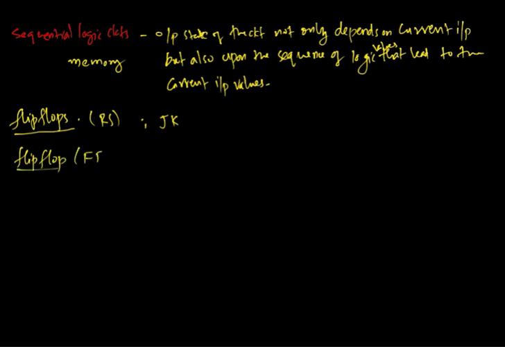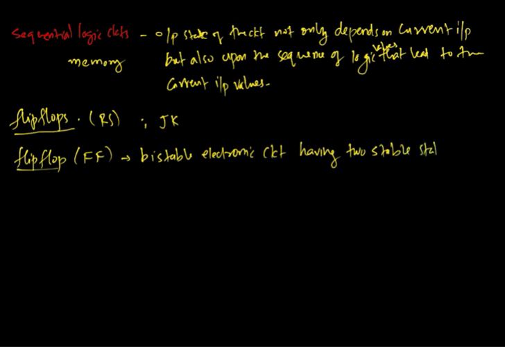Usually it is abbreviated as FF. A flip-flop is actually a bistable electronic circuit having two stable states, meaning its output is either low, or 0, or high, which is denoted by 1.